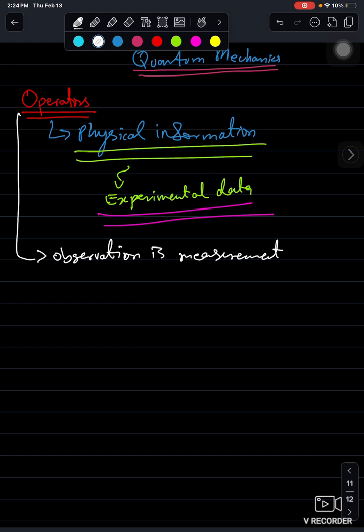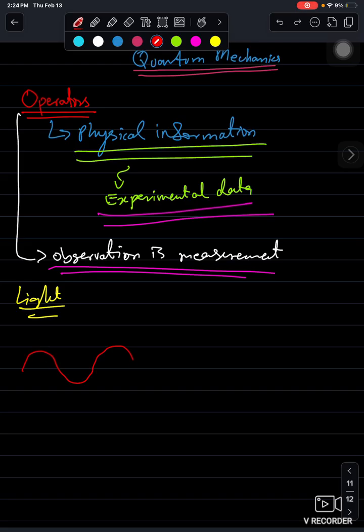Let's give an example of a measurement, like an observation. If we have light, right now it has both electric and magnetic field.